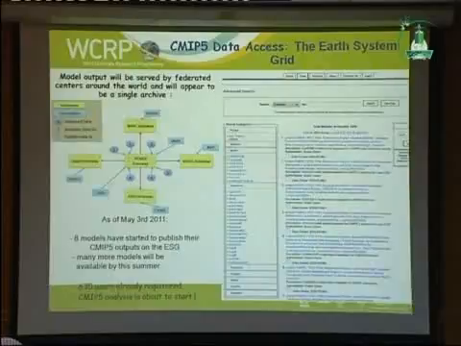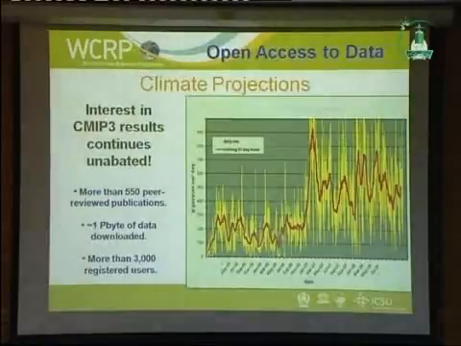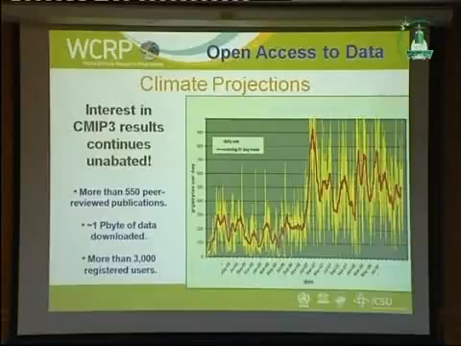They have set up a data system, a portal, and nodes in every continent around the world, and scientists can access this information and do their research and publish their results. This is the record of the data used from the last set of experiments that this group did in the 2005-2006 timeframe, and the number of peer-reviewed publications that have been published based on this, again, by scientists who were not involved in these experiments.